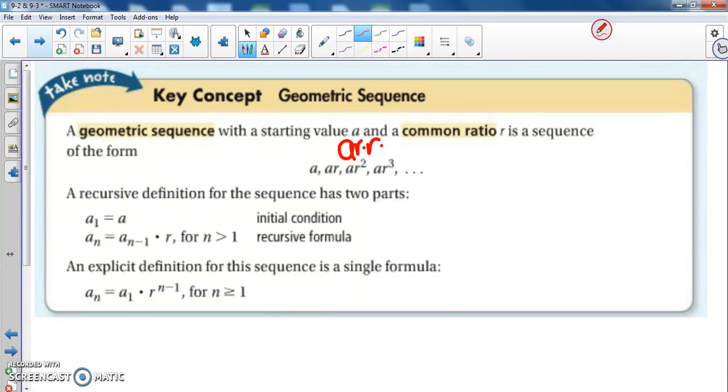This is a ratio now because we are multiplying or dividing by a common number to get to the next term. Our recursive definition is a sub 1 is equal to a, and our recursive formula is a sub n is equal to a sub n minus 1 times r. Our explicit definition would be a sub n is equal to a sub 1 times r to the n minus 1.